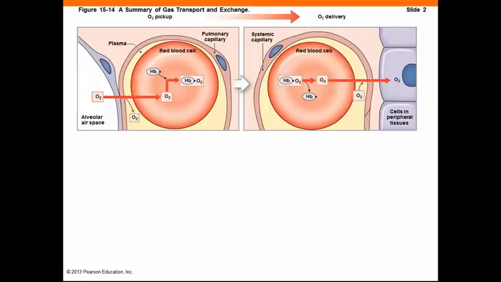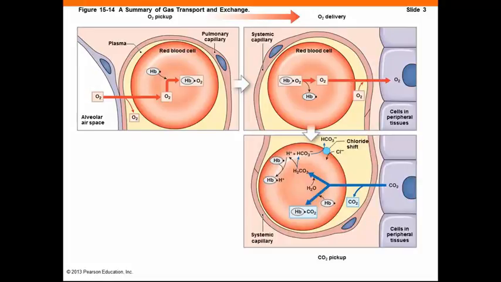So when that blood cell enters a systemic capillary, as pictured here, the oxygen will be released from the hemoglobin and will enter the peripheral tissues where the concentration of oxygen is low. And this can happen also with the oxygen that's simply diffused in the plasma as well.